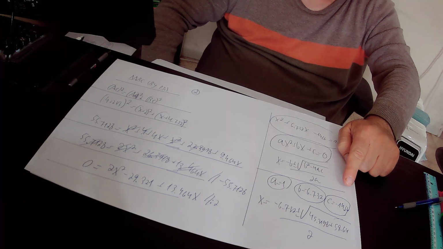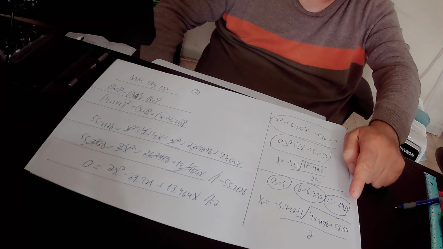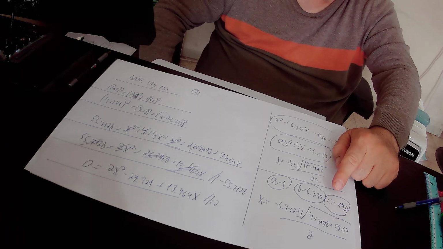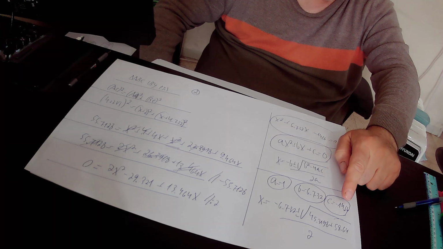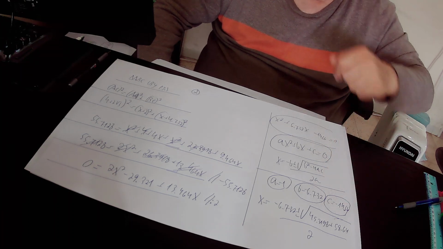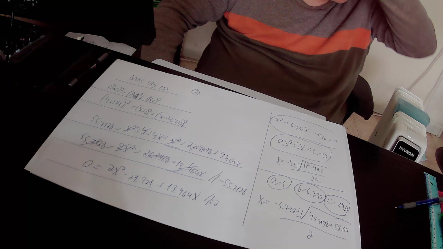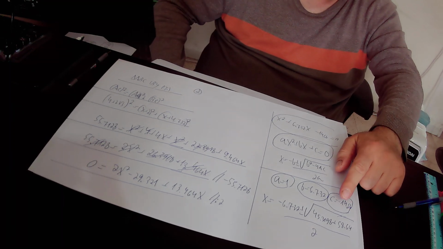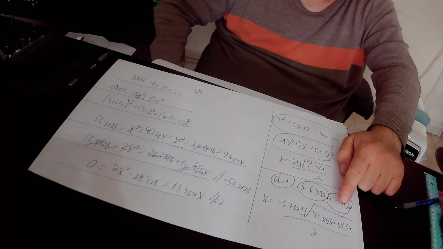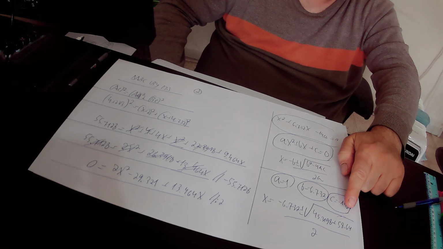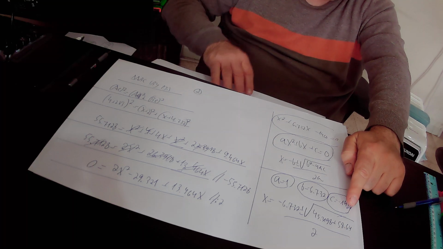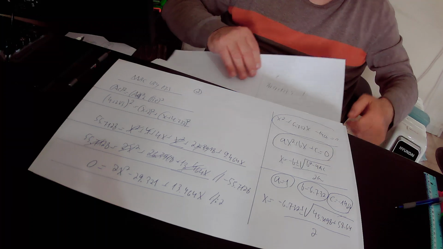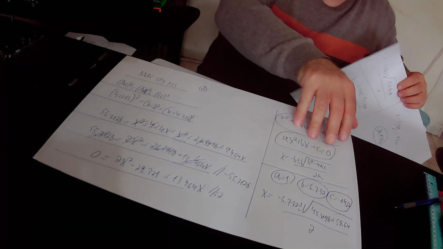So minus 4 times minus 14.66 is 58.64. So inside the root we have 45.3198 plus 58.64, divided by 2a. And 45.3198 plus 58.64 equals 103.9598.